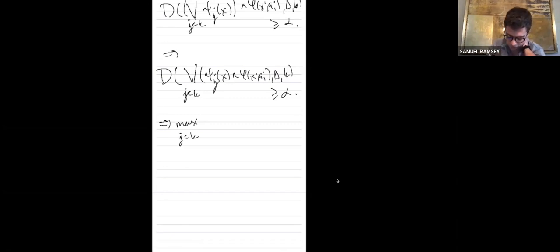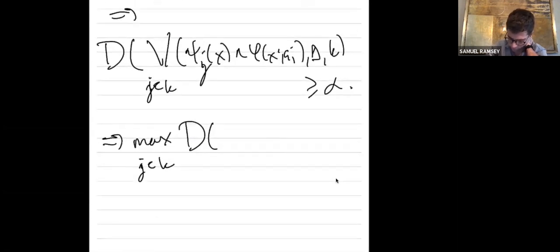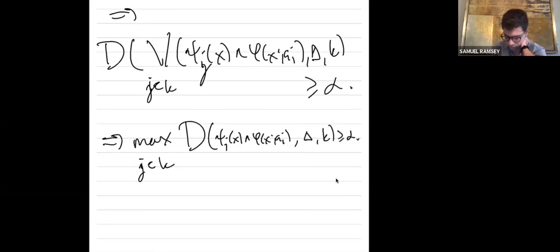That means the max of D cj x and phi x ai, delta k, is at least alpha.